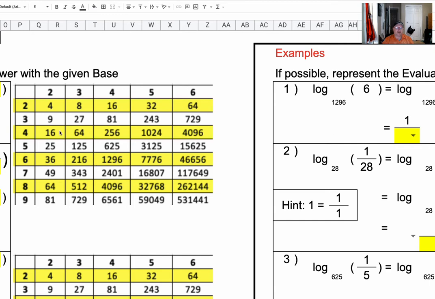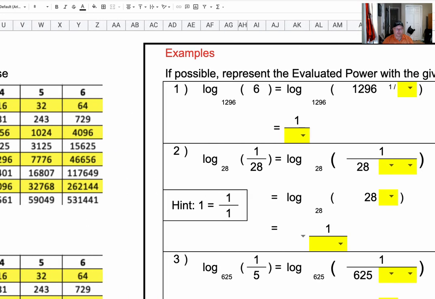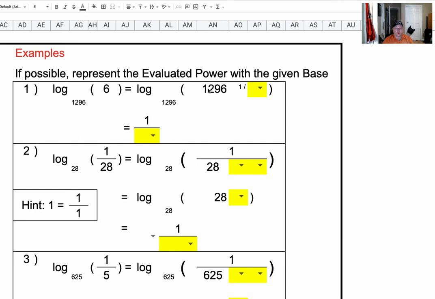What do I do to get back to 6? To get back to 6, I have to take the fourth root. So that means 1296 to the 1/4 equals 6.